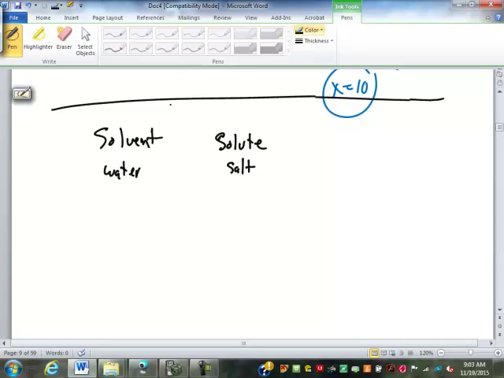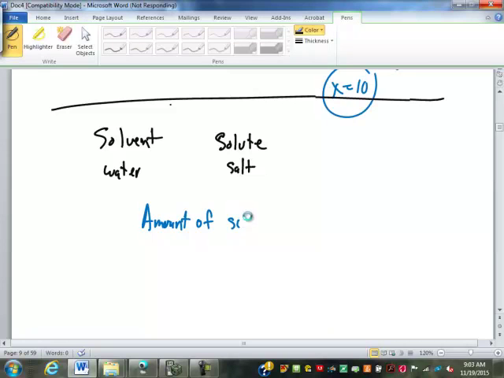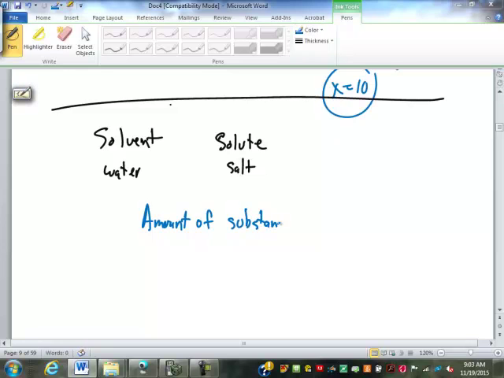The amount of substance in a solution is equal to the concentration, or the percent, times the volume of the solution.